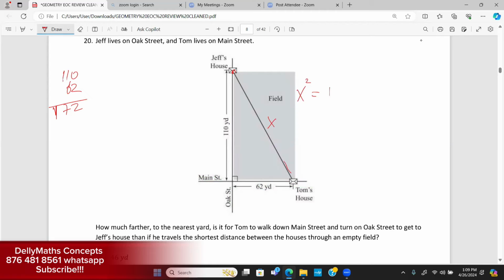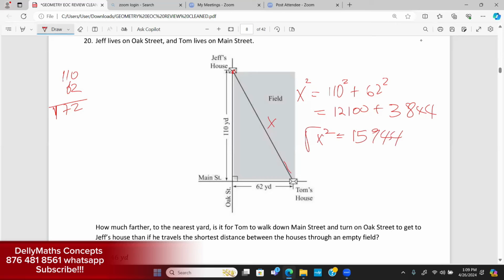So x squared is going to equal 110 squared plus 62 squared. 110 squared is 12,100 plus 62 squared, that's about 3844. Let's add those. And we're looking at x squared is equal to 15,944. So I'm trying to find that length there.